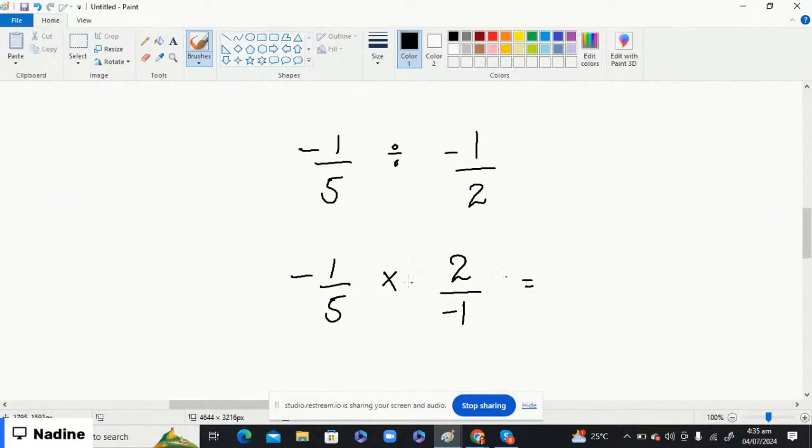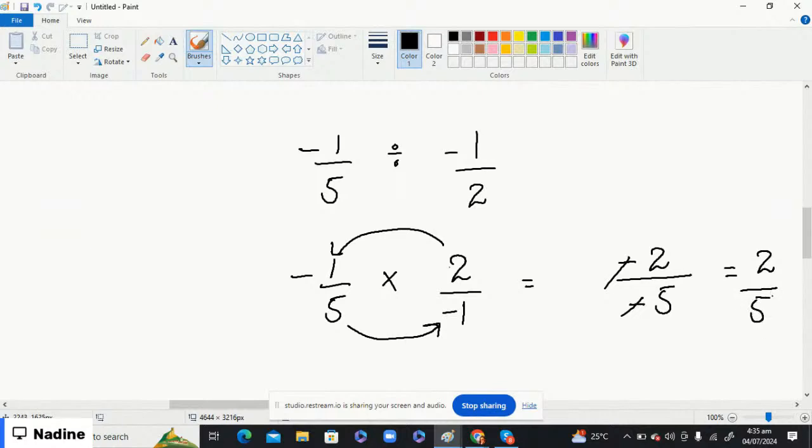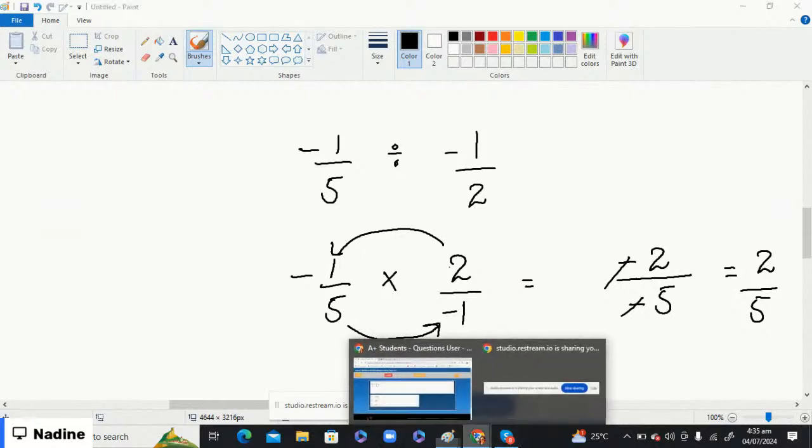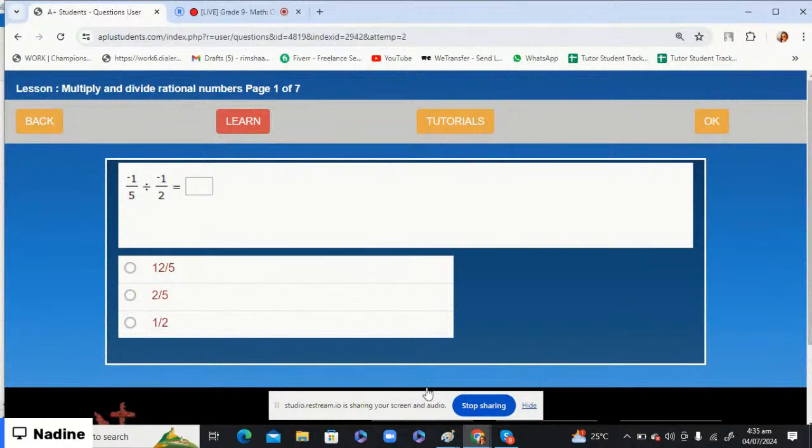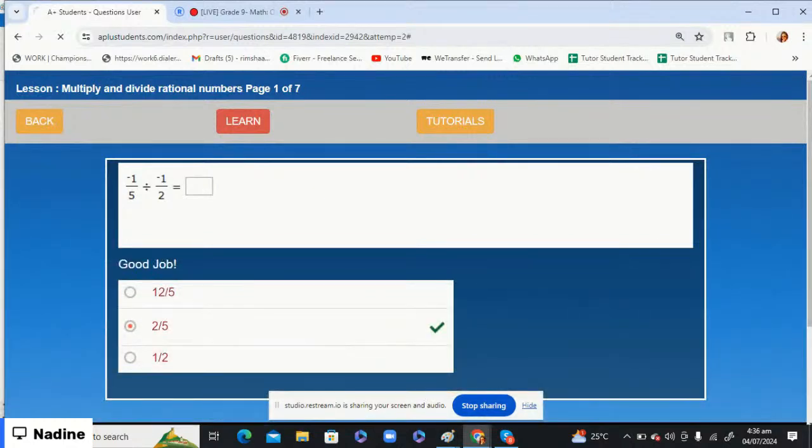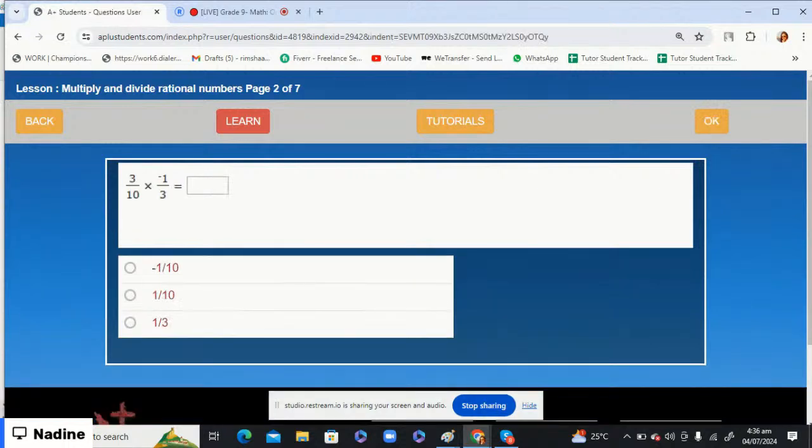Just multiply this with this and this with this. 2 times 1 is 2, 5 times minus 1 is minus 5. Minus minus cancel, so the answer is 2 by 5. If there are two minuses, they become plus. Let's check if it's right or wrong. Yes, it's right.